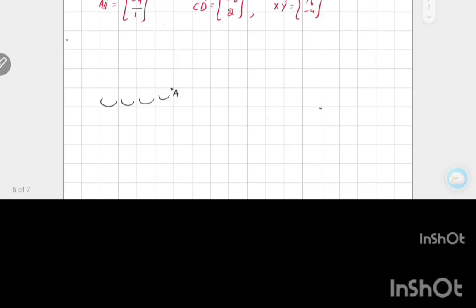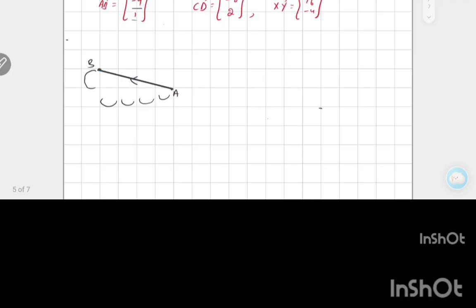Now we will go 1 upward, one step upward. Okay, this is our B. So we have to draw this one in vector form. Okay, good. This is our vector AB.